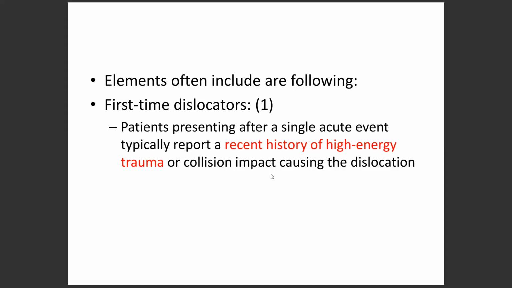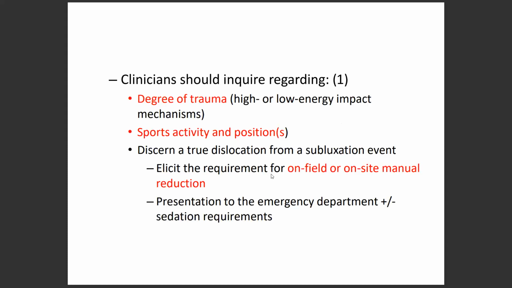It will be a high-energy collision with an opponent player in sports or with a teammate. Similarly, the clinician should also inquire regarding the degree of trauma, whether it was high-energy or low-energy trauma, what the mechanism of that injury was, and what actually happened when there was dislocation of the shoulder. In which sport did it occur, and what was the sports activity and position?